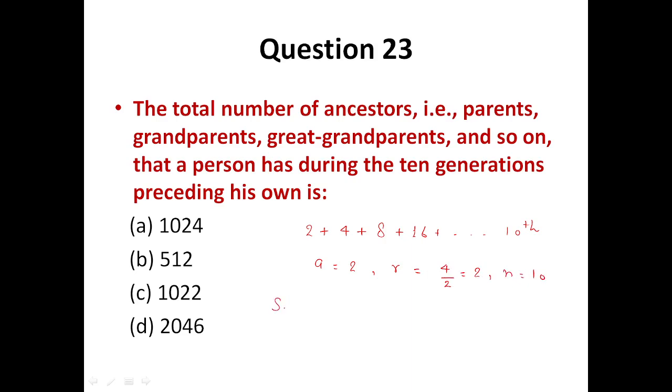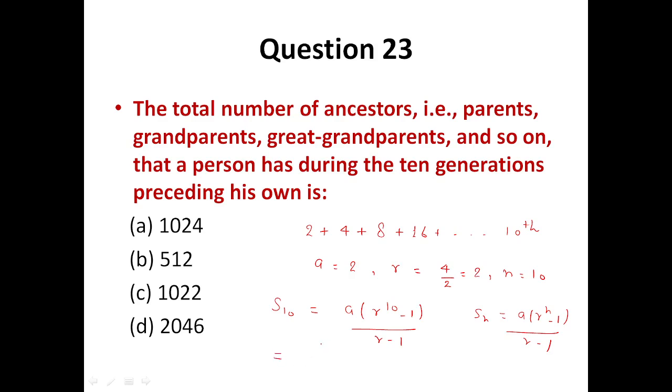Now you have to find out S10. S10 will be a into r to the power 10 minus 1 upon r minus 1. Here we use the formula of Sn: Sn is equal to a into r to the power n minus 1 upon r minus 1.